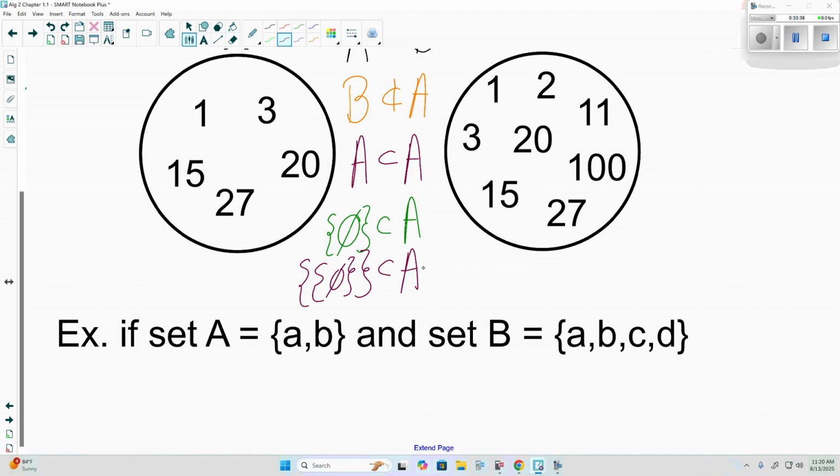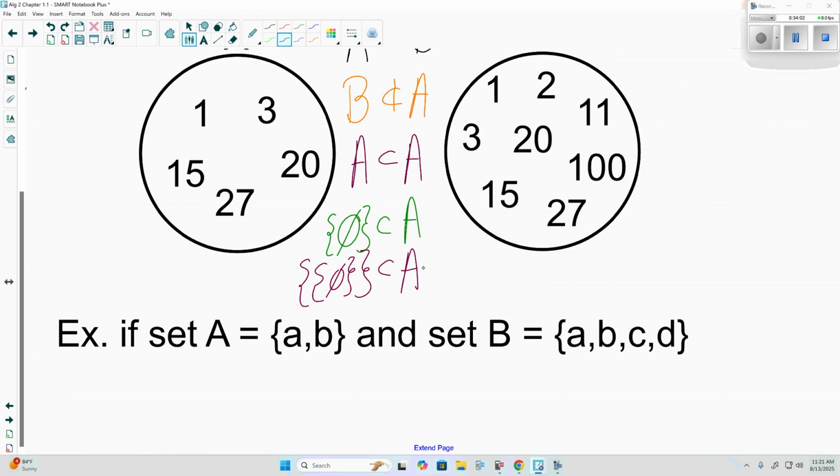Because if the set containing the empty set is a subset, then we could also say the set containing the set that contains the empty set is also a subset. Is there a limit to how far we can go with this? No. And we can do it indefinitely.